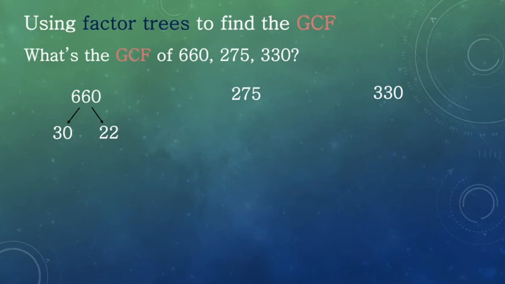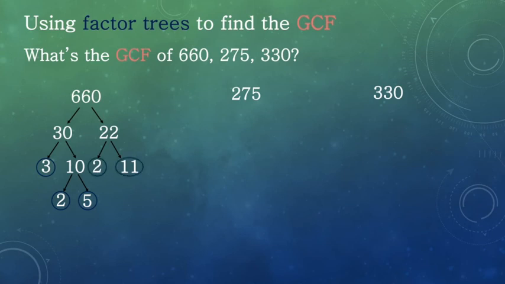So let's break this down into all of its prime numbers. 30, circle our prime numbers, continue with the 10. Let's work with the 22. And there we go. Our first tree is done. Simple as that.